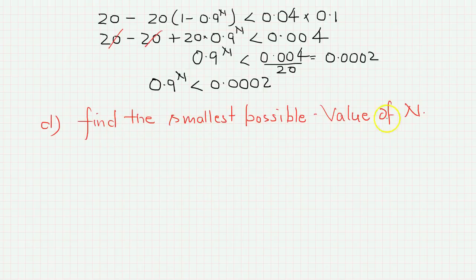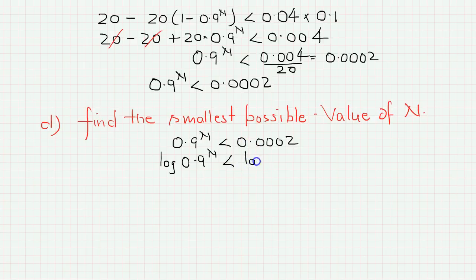Now to find the smallest possible value of n, we have 0.9 to the power n is less than 0.0002. Whenever an unknown number is in the power, we have to take log on both sides. So let's take log. So that is log of 0.9 to the power n is less than log 0.0002.